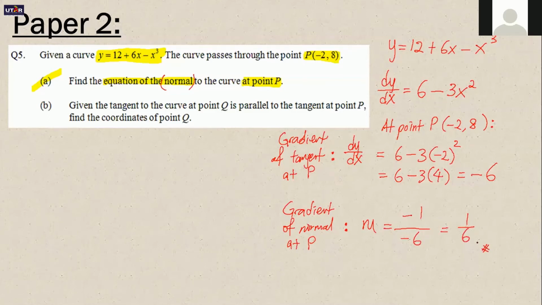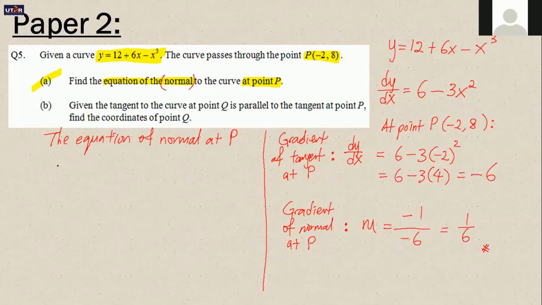Okay. So once you have the gradient and a point, we can find the equation of the normal line. So the equation of the normal at P will be using the formula, right? y minus the point P's y coordinate, 8, equal to the gradient 1 over 6, multiplied by x minus the x coordinate.